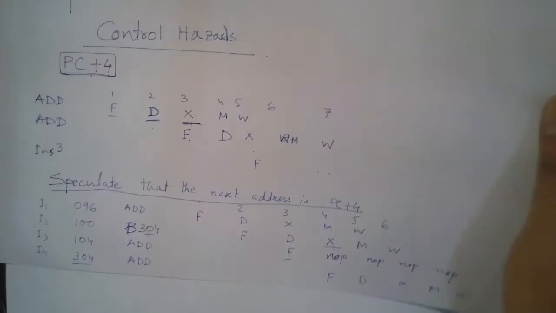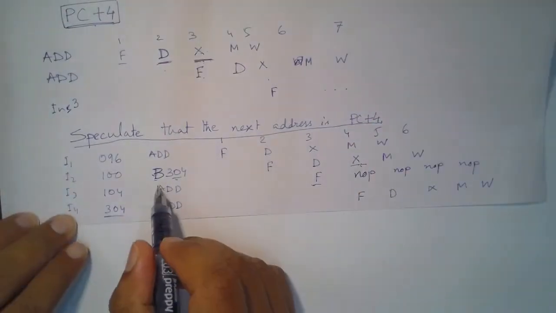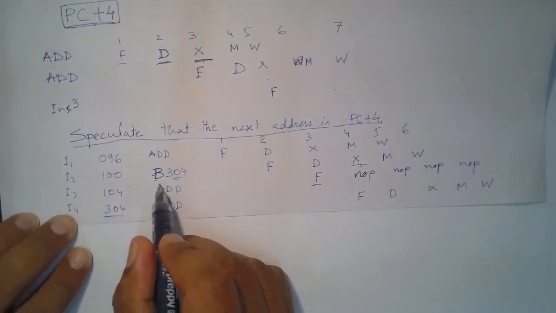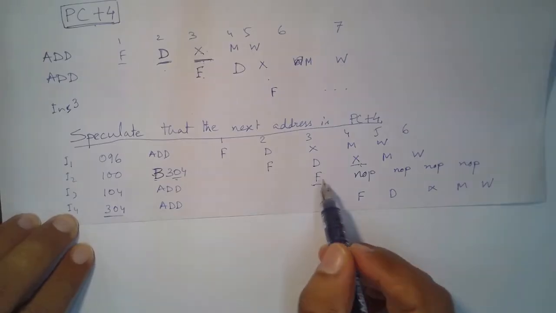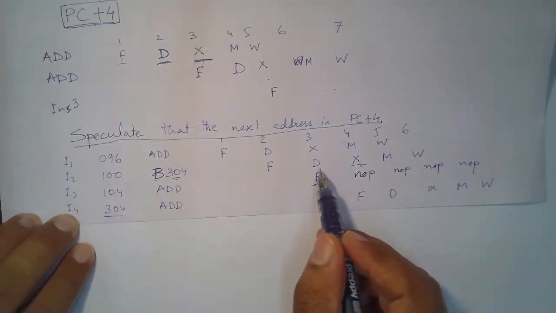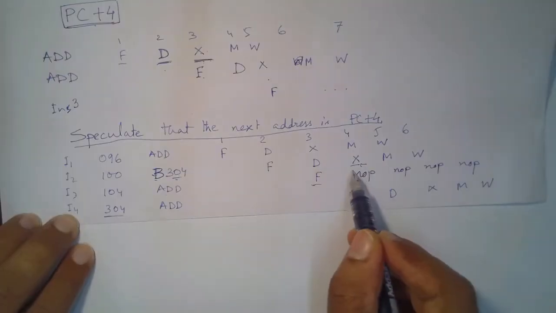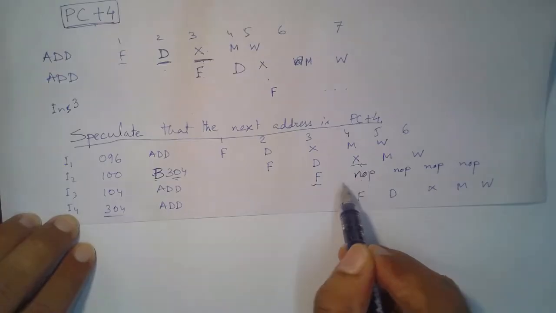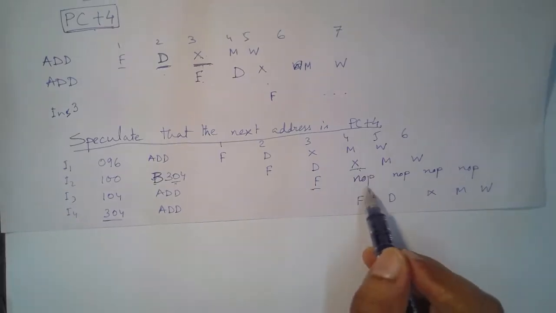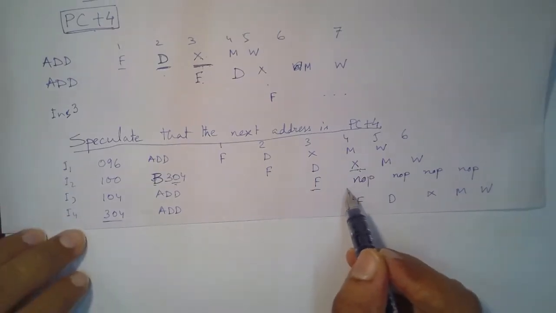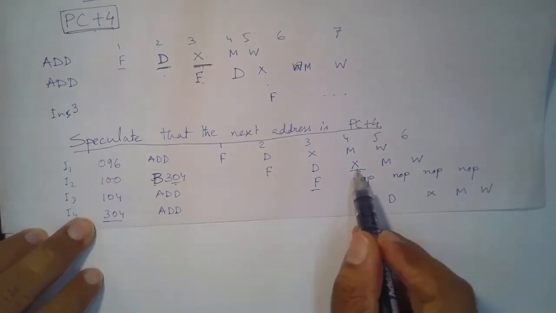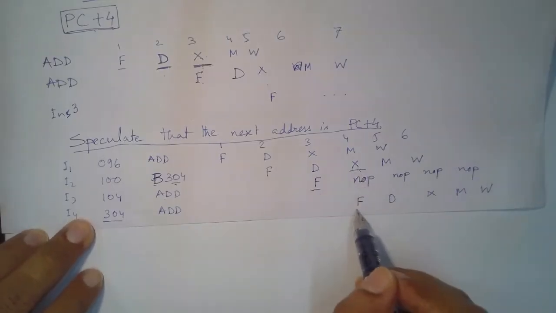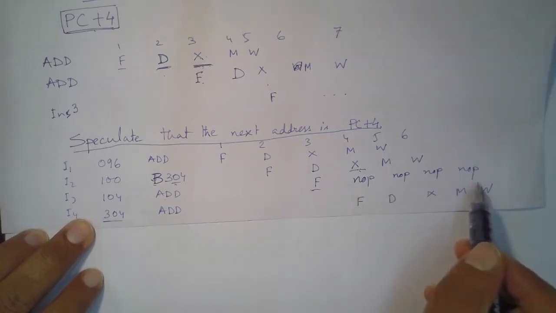One thing to highlight here is that since it was an unconditional branch, you could figure out at the decode stage itself that this is a branch instruction, and by the time you reach the execution stage, you know that you have to start fetching the next instruction from a new location, and you start killing the instruction here.